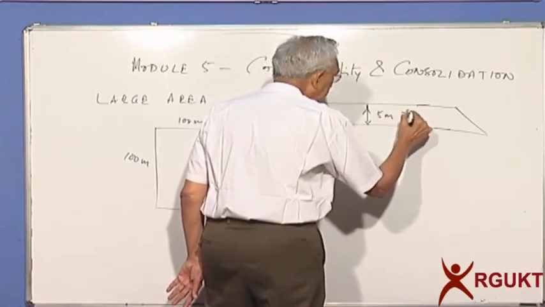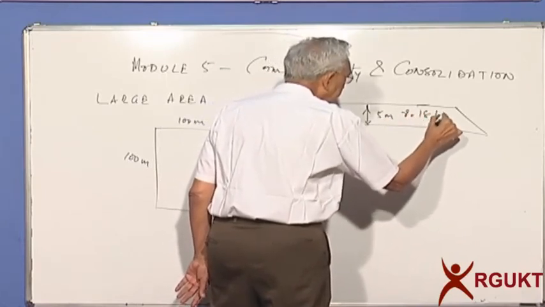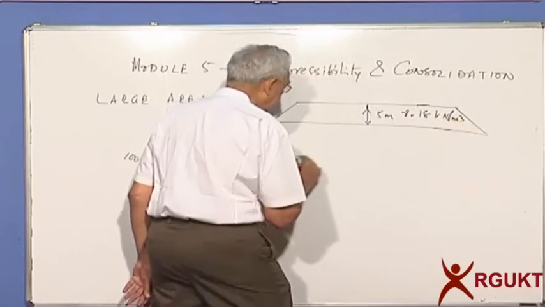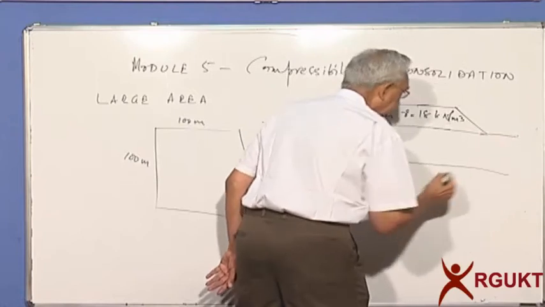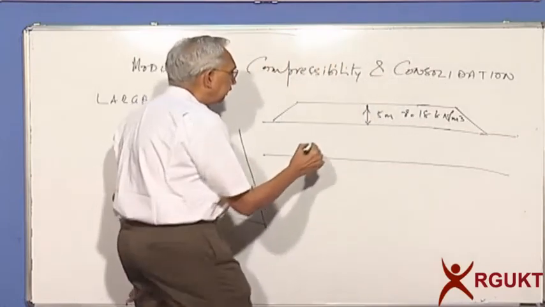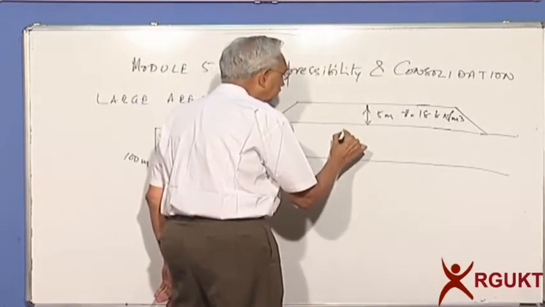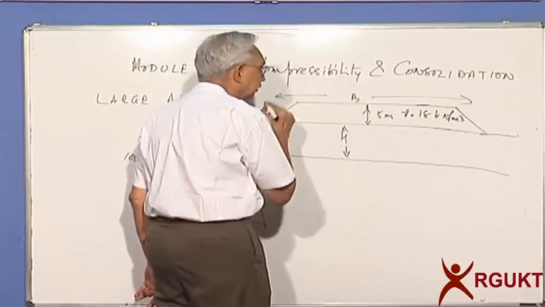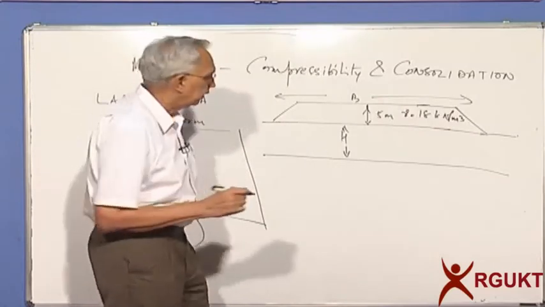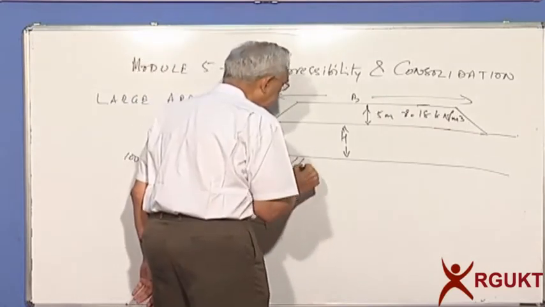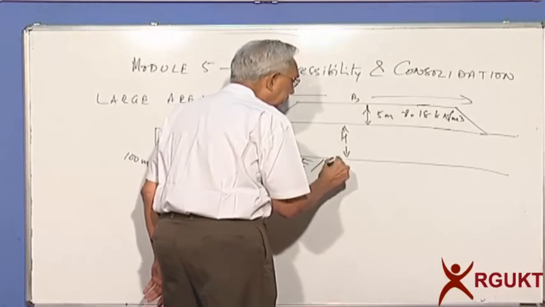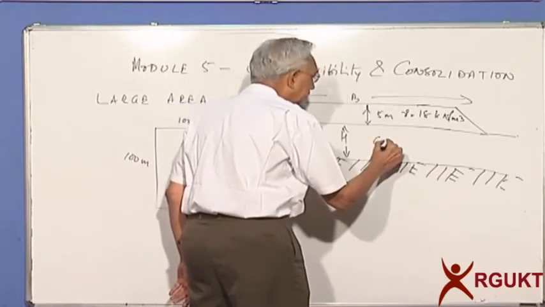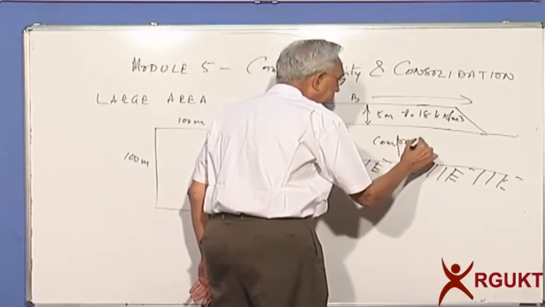Say the unit weight of this material is 18 kilonewtons per meter cube, and here is the soil, clay stratum or whatever soil stratum, with thickness H, and the width of the loaded area is B. This is a hard stratum, I am not worried about its compression anymore, it is a hard rock. This is what you can call a compressible stratum.